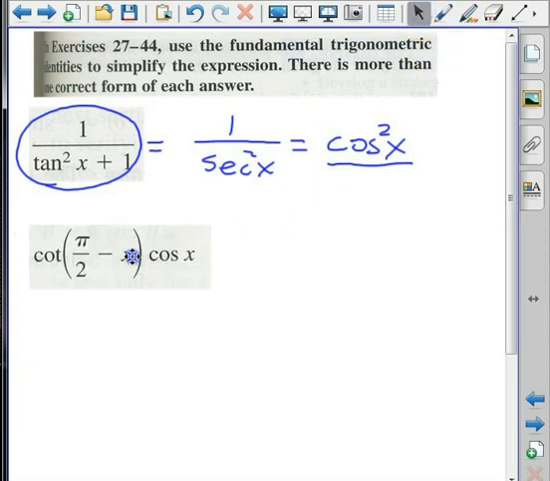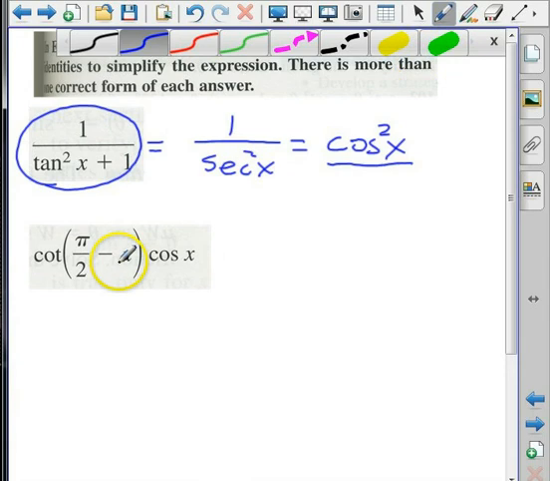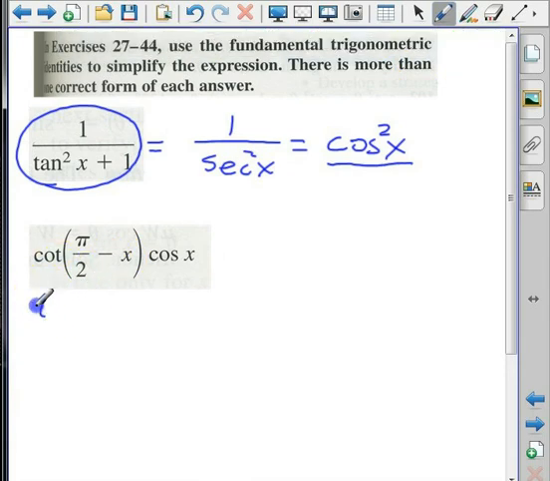Let's do some more. Okay, so we've got a cotangent or cofunction question here. Cotangent is the cofunction of tangent. So we're going to replace cotangent of pi over 2 minus x with tangent of x. Now I'm going to use my quotient identities. I'm going to replace tangent with sine over cosine.